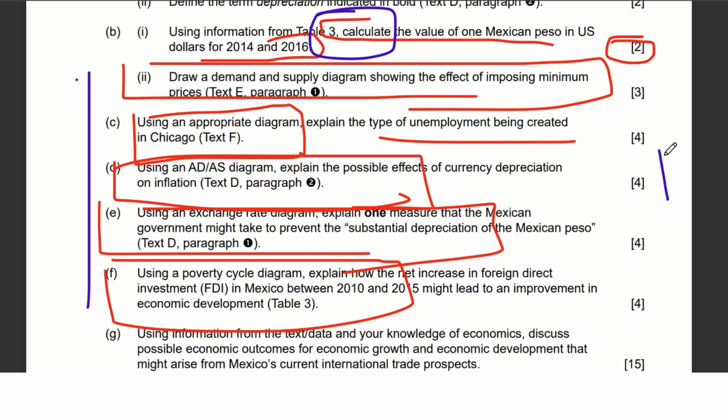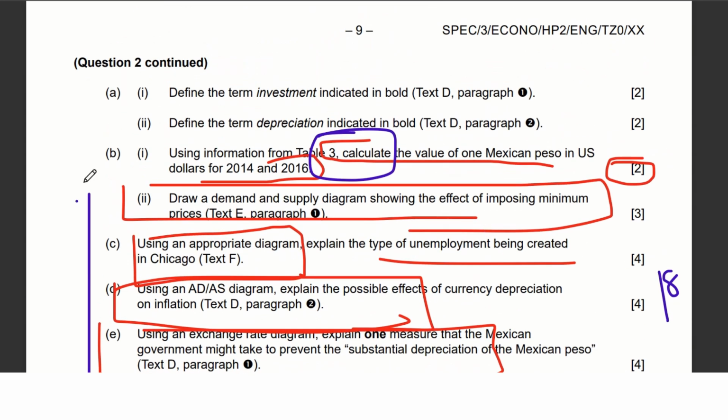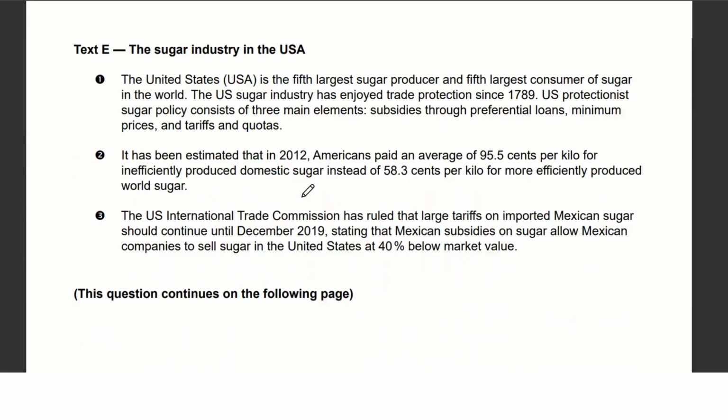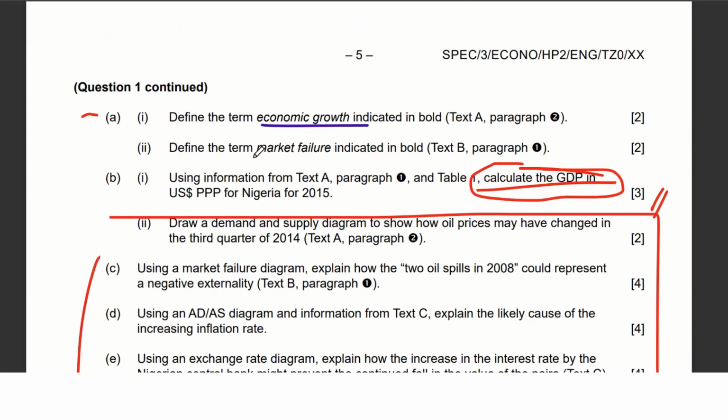So 18 marks come from the diagrams, and 2 or 3 marks come from the calculation part, and 4 marks are definitions. Right, here, define the term investment, define the term depreciation, and in question number 1 also you could see that. Look here also, define the term economic growth, define the term market failure.